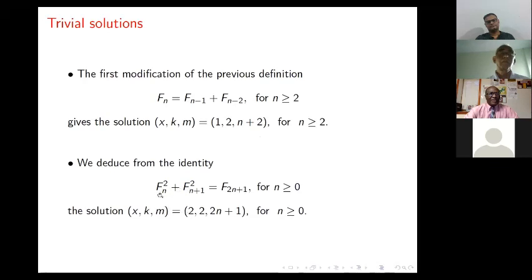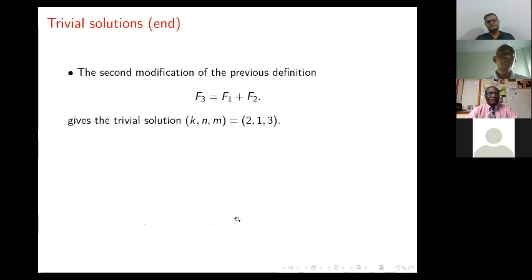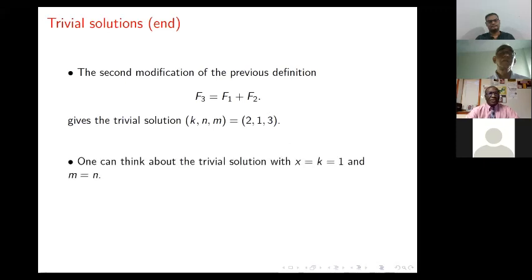So we can see that the exponent is 2, the length is 2, and the index is 2n plus 1. And the trivial case, F3 equal to F1 plus F2, gives us the solution that we call also trivial solution. So for s equal to 1 and k equal to 1, obviously we have m equal to n. So that gives us the idea about the trivial solutions.